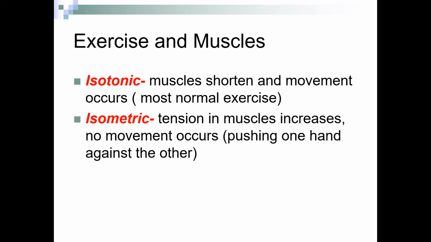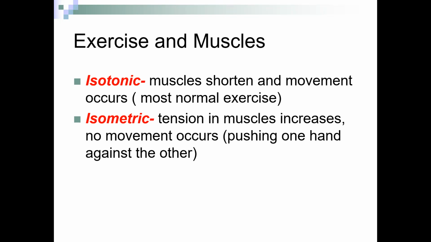Now, once again talking about exercise, let's talk about types of muscle contraction during exercise. When you have an isotonic contraction, the muscle will contract and shorten, and it will cause a movement to occur.